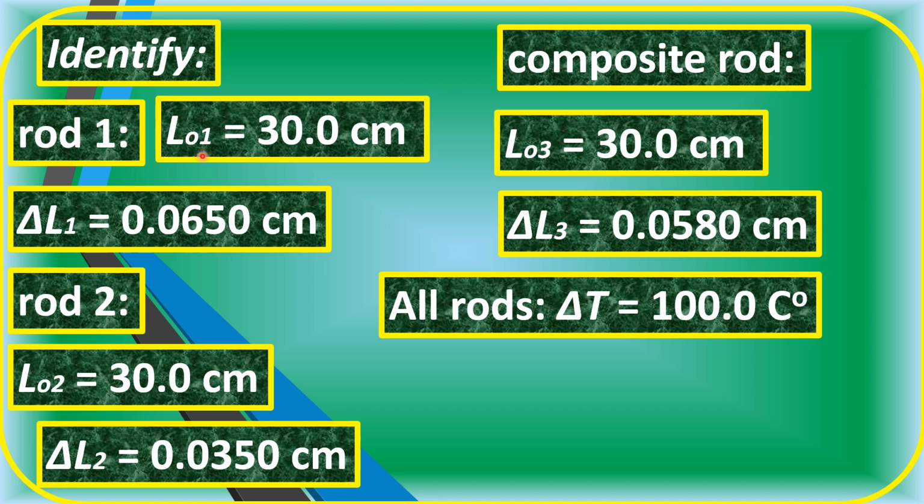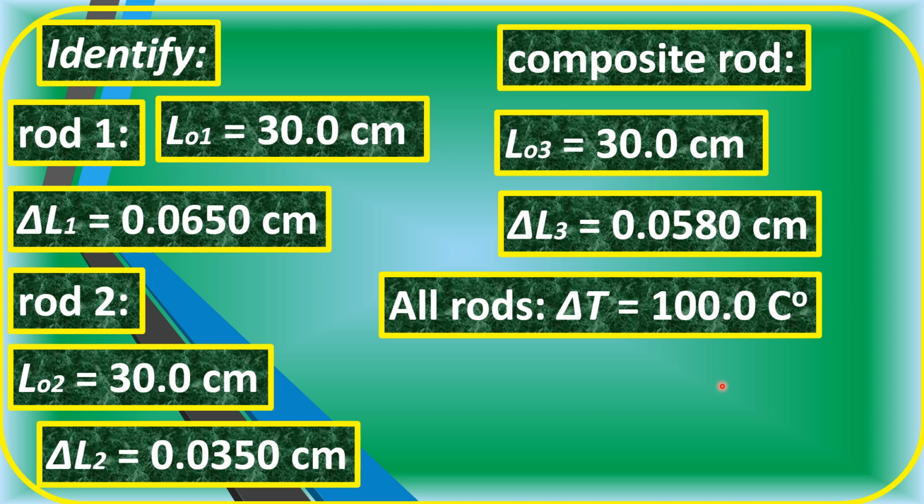We also emphasize that all the three rods were heated such as to have the same temperature change delta T, which is 100.0 Celsius degrees. This means that the initial temperature could be 0 degrees Celsius and the final temperature is 100 degrees Celsius.